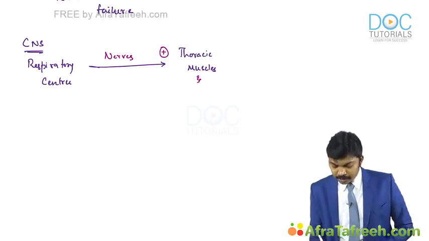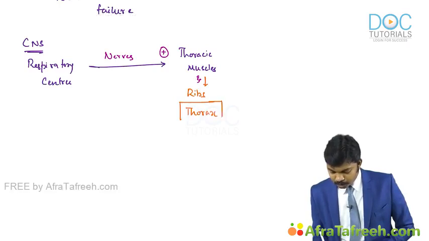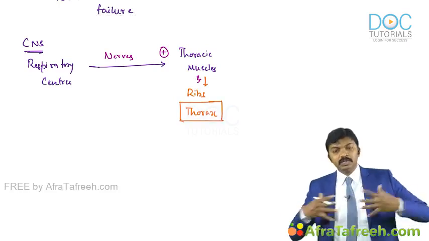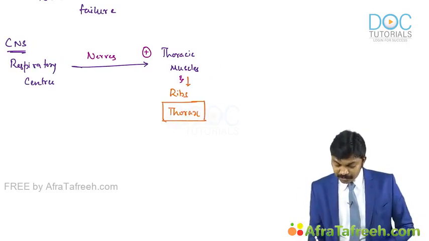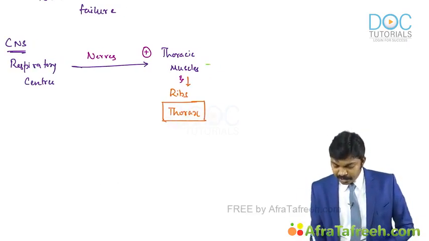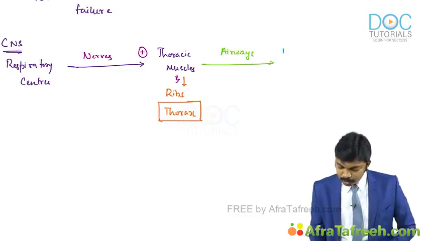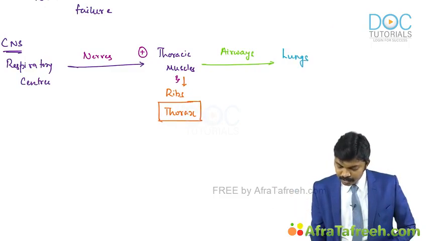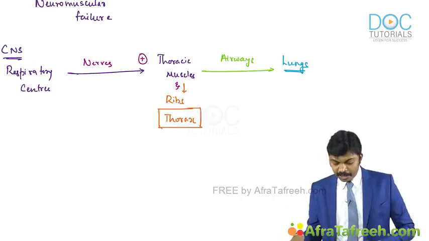So because of thoracic muscle, the ribs move, so there is going to be a movement of thorax. On the whole, the thorax is going to move. When the thorax gets expanded, the intrathoracic pressure falls. This leads to entry of air through airways into lungs, my dear friends. This is how neuromuscular events lead to entry of air into lungs.